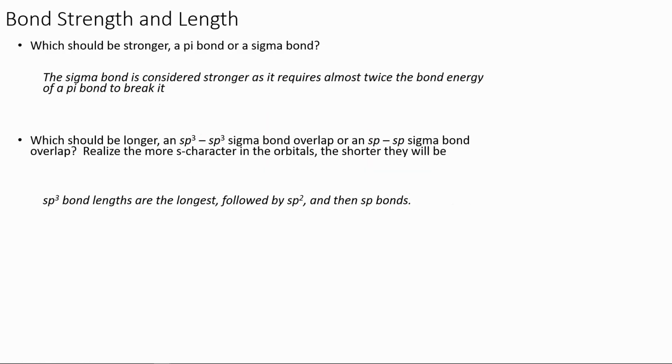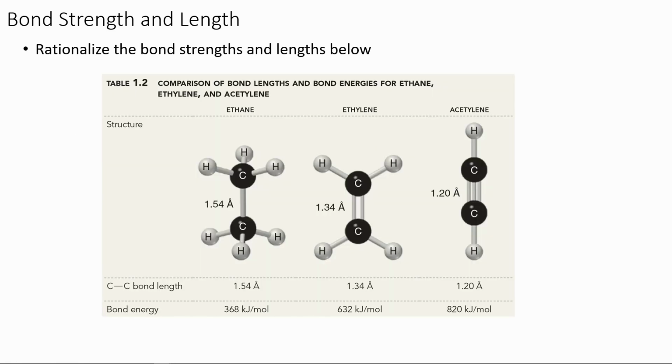When we compare the characteristics of sp3, sp2, and sp orbitals, we're going to have a difference in length. sp3 hybridized bonds are going to be the longest, and sp bonds are going to be shorter. So a single bond is going to be much longer than a triple bond, and that's drawn out here.